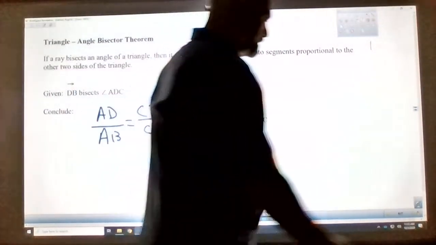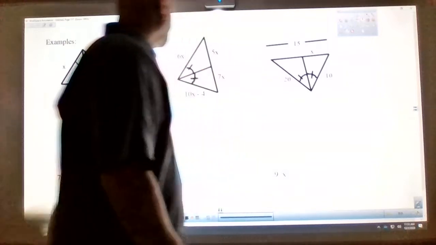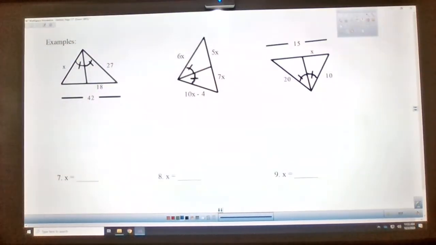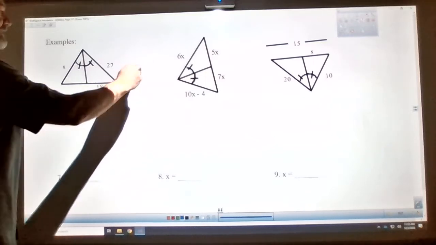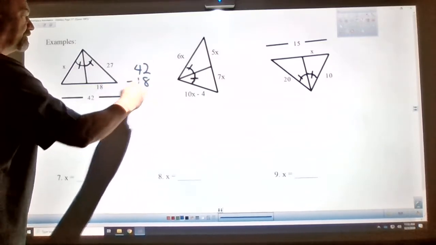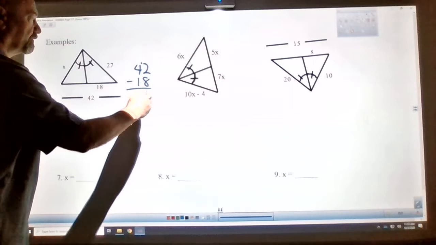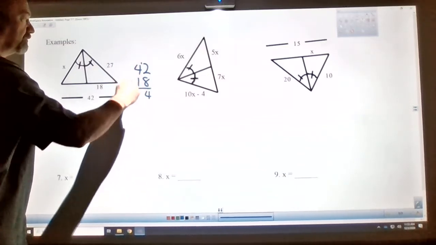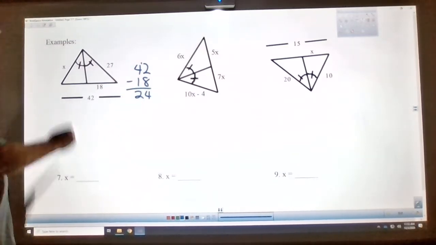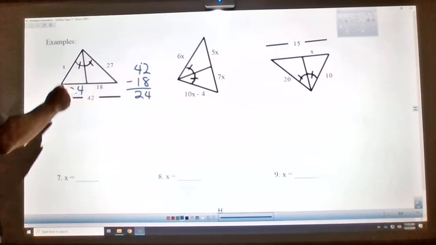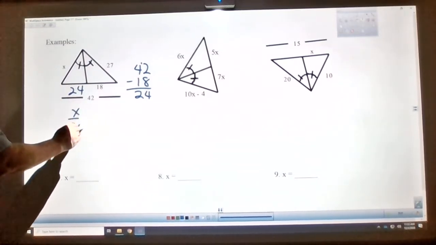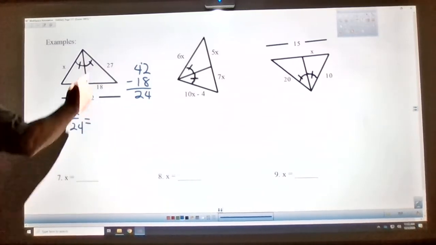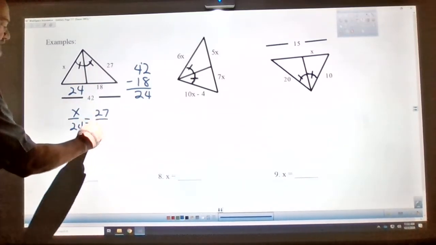Okay. Let's put that to work. Again, same thing. We know this whole thing is 42. 42 minus 18 is 24. So this side's 24. So my proportion is going to be this: X is to 24 as 27 is to 18.